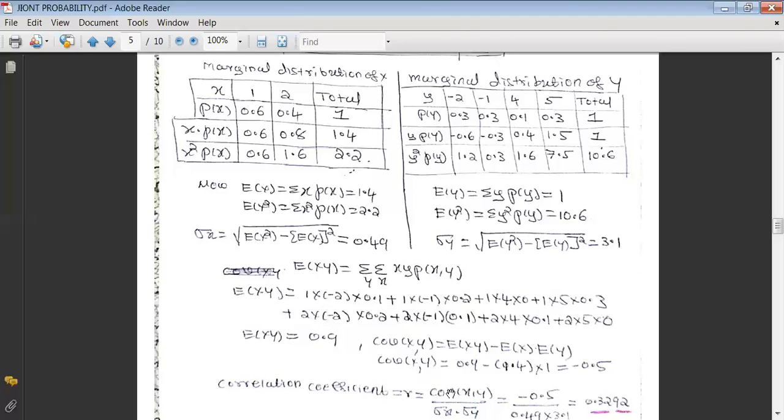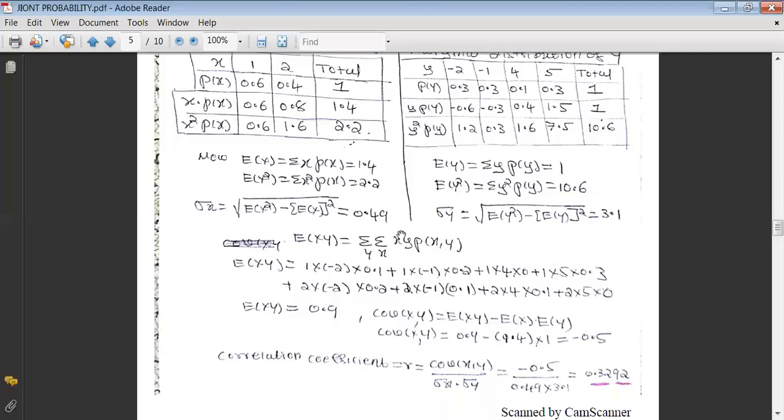If we take the covariance of xy as minus 0.5, the standard deviation of x as already calculated, 0.49, and the standard deviation of y as calculated, 3.1, and you calculate this, it results in minus 0.3292. Here the minus is not written, so please take it as minus. That will be the required value of the correlation coefficient.